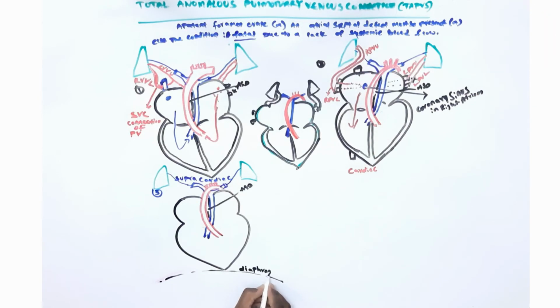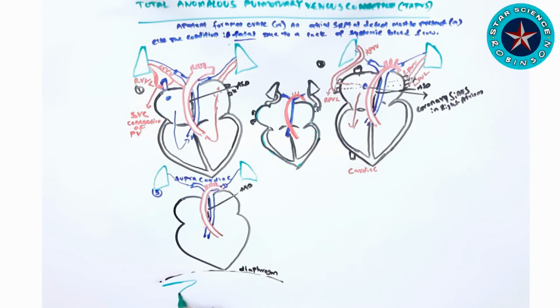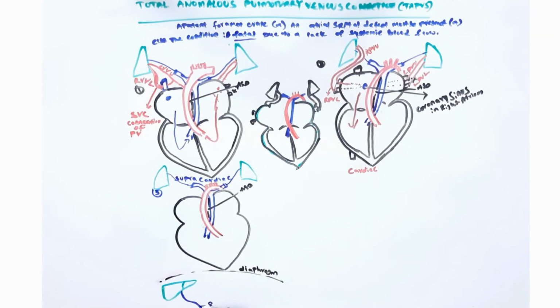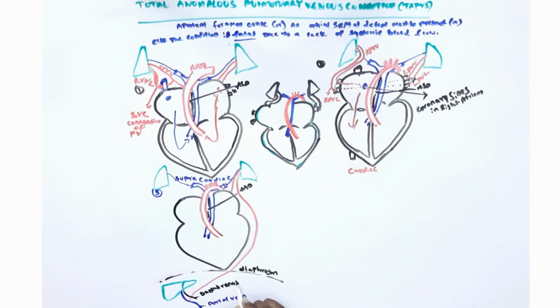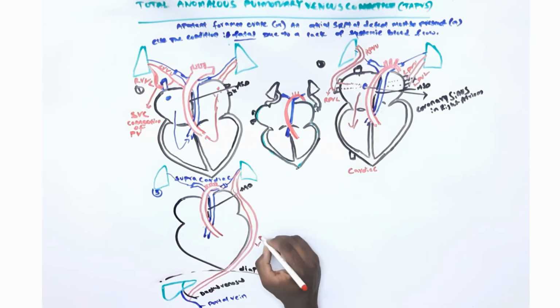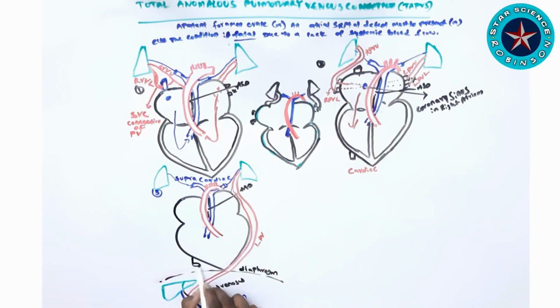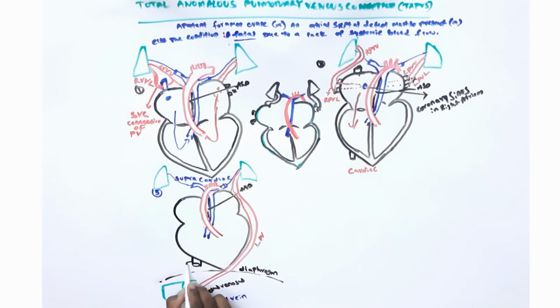I'll explain how it is connected to the hepatic vein, ductus venosum or portal vein. I have drawn a liver, with the connection of the portal vein. The pulmonary vein will pass from the diaphragm into the abdomen and connect to the portal vein. In the liver we also have the ductus venosum, where another pulmonary vein from the lung will connect.